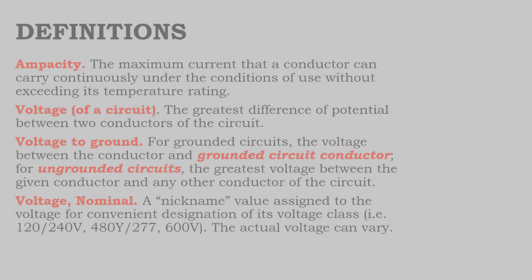Well, what that says is you have a grounded circuit conductor, which we haven't defined yet, and then you have ungrounded circuits as well, and they're going to have a difference in voltage potential, and the greatest difference in voltage potential would be considered the maximum voltage to ground.